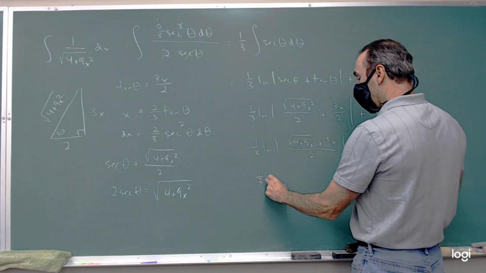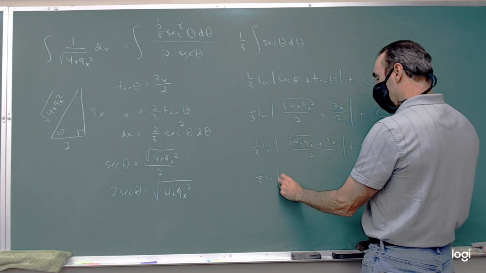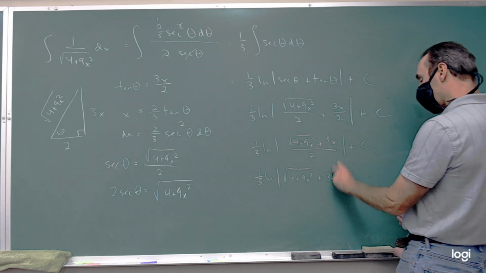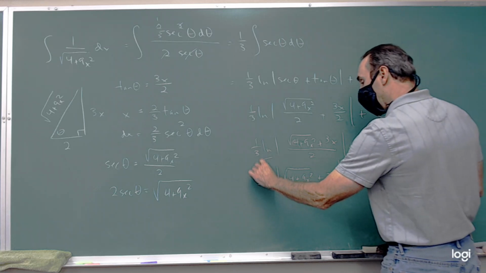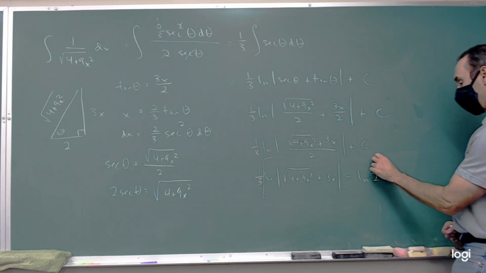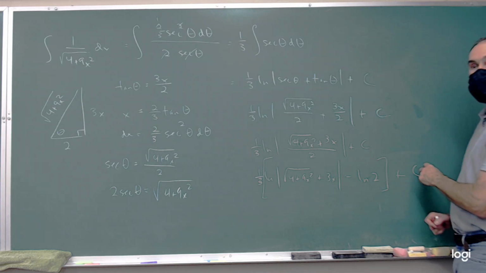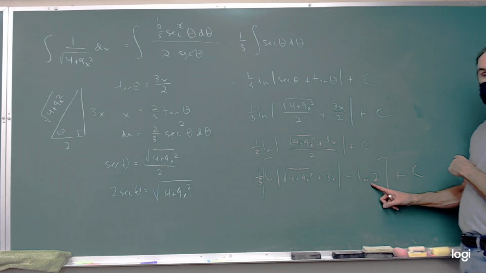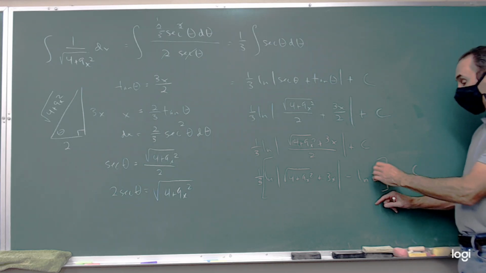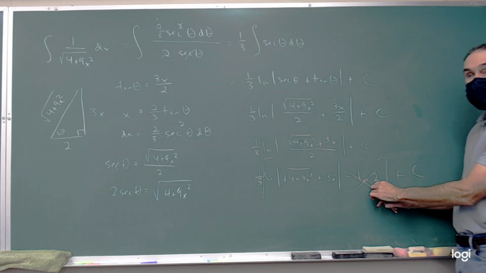So that's going to be 1/3 natural log of square root of 4 plus 9x squared plus 3x, then they will say minus the natural log of 2 plus c. But then they're going to say that's just a constant. It's included there. And so you won't see that written at all.